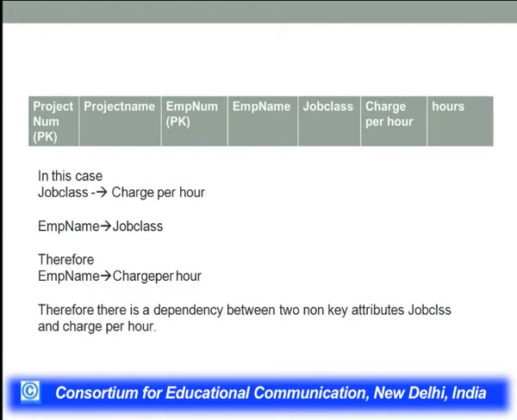Now, in this case, the attribute job class determines charge per hour and the attribute employee name determines job class. Therefore, we can say that employee name determines charge per hour. Therefore, this is a dependency between non-key attributes, that is job class and charge per hour. So, this type of dependency is called transitive dependency.